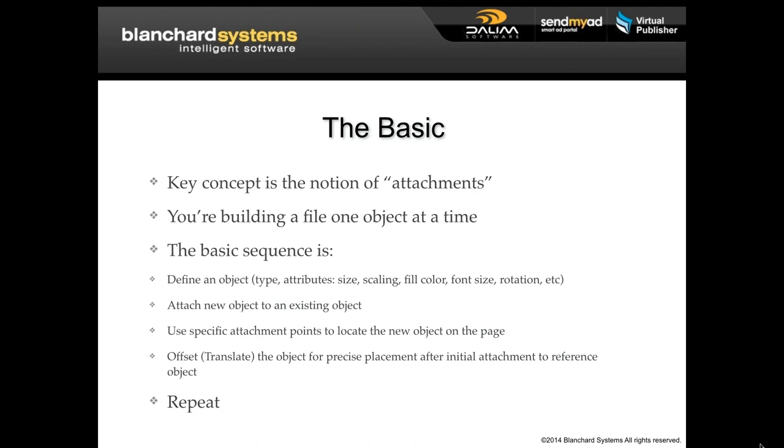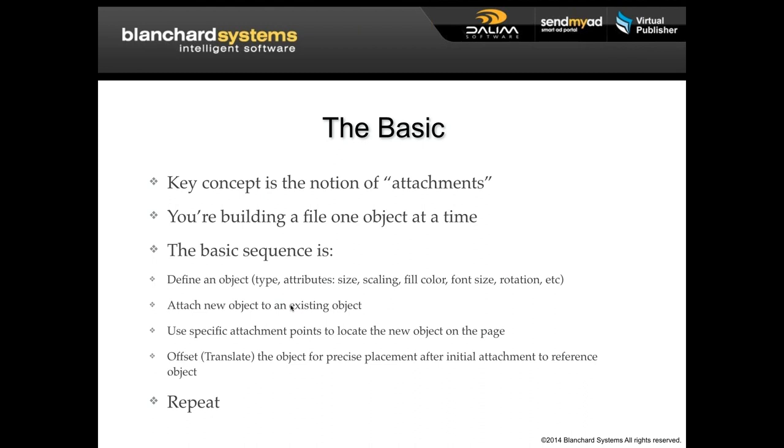Because if you're building a file on the fly, you have to be able to tell things where to go, how to get positioned. The basic sequence when you're building up the MergeXP tool is to define an object, object number 1 or object number 2. There are different types of objects, and you assign all sorts of attributes to it, as you can see in that list.